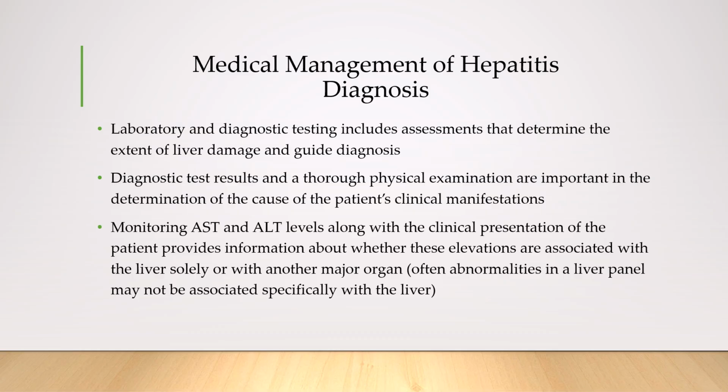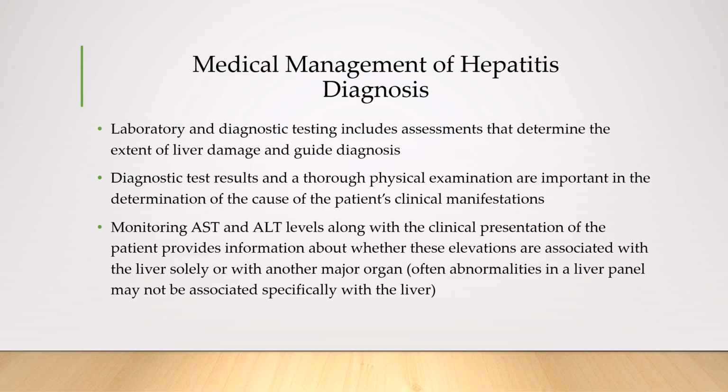So, how is this diagnosed? Laboratory and diagnostic testing will include assessments that determine the extent of liver damage, and this will guide diagnosis. Diagnostic test results and a thorough physical exam are important in the determination of the cause of the patient's clinical manifestations.